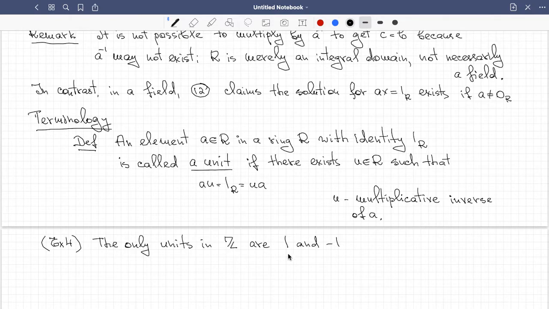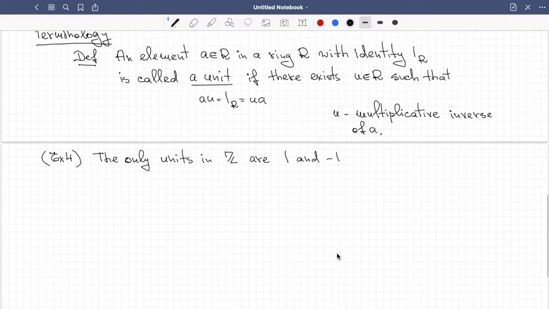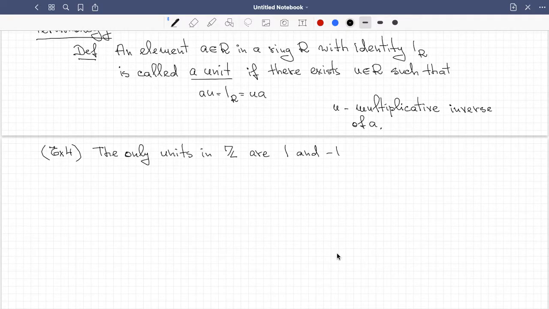Both are units, and it is more or less obvious, or look at the book at example 4. They explain a little bit more there. These are the only units in the ring of integers.